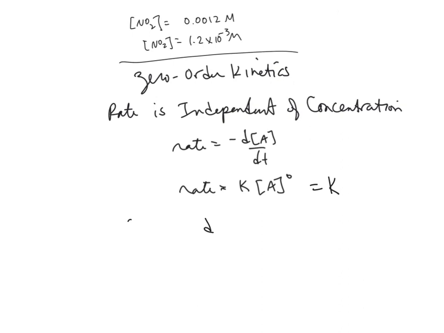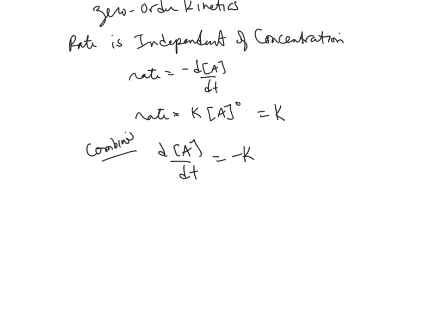Combine those two, and we have dA dt is equal to negative K. Then separate our variables. dA is equal to negative K dt.